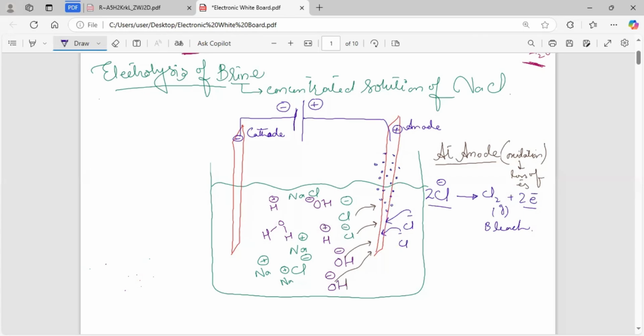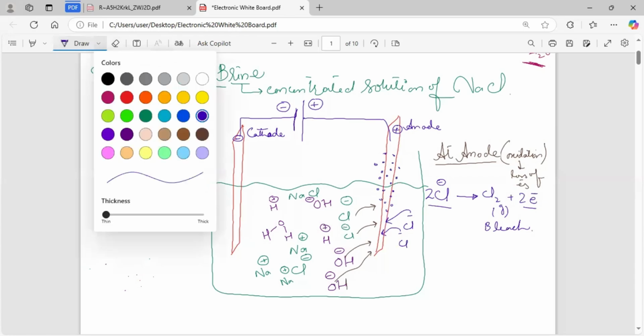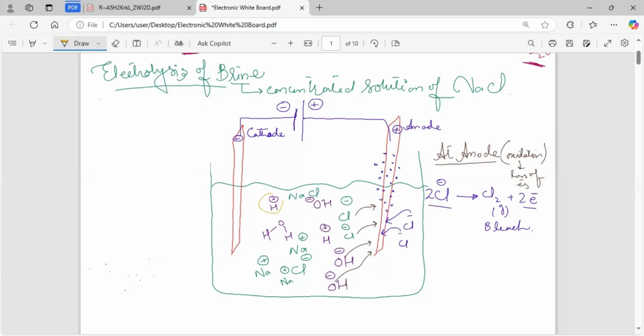Now there is a comparison between H positive ions and Na positive ions. Of course, both will be attracted towards the cathodic part. Na positive will be attracted towards the cathode, whereas H positive ions will also be attracted towards the cathode. Now what will happen? Which one will gain electrons?